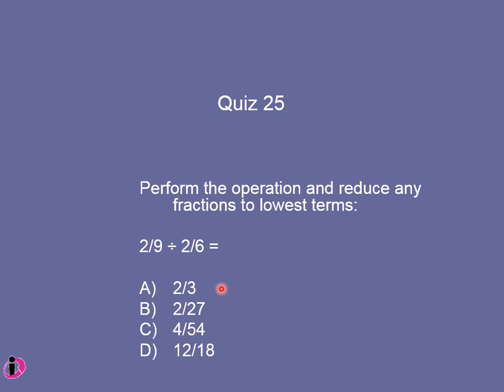Okay. So now I'm multiplying, which makes it 12 over 18. Then I'll again get to the reduced term just to see whether we can get the lowest term. Let's see whether we can cancel.